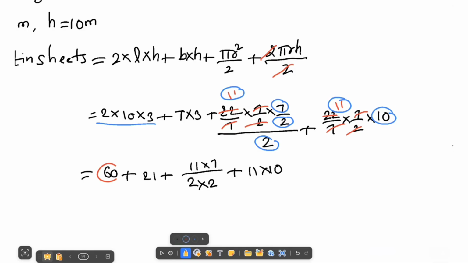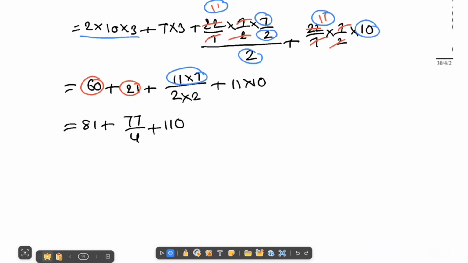So 60 plus 21 is 81, plus 77 by 4, plus 11 into 10 is 110. Now let's divide 77 by 4.